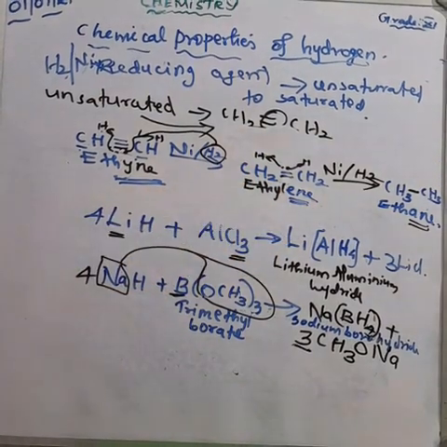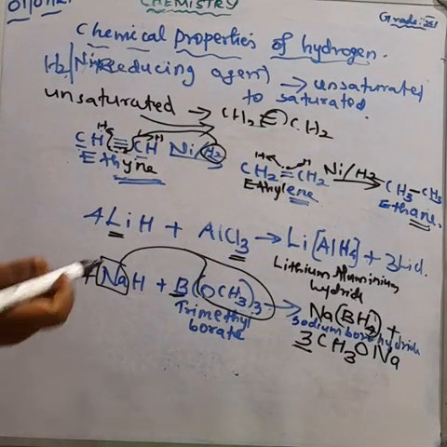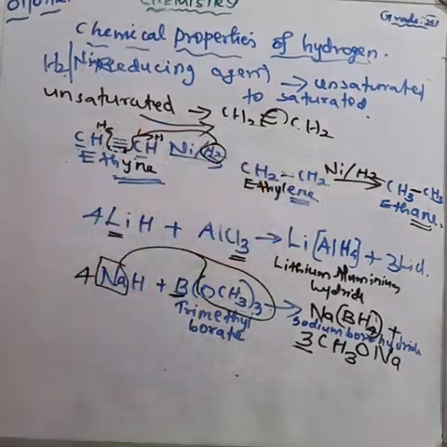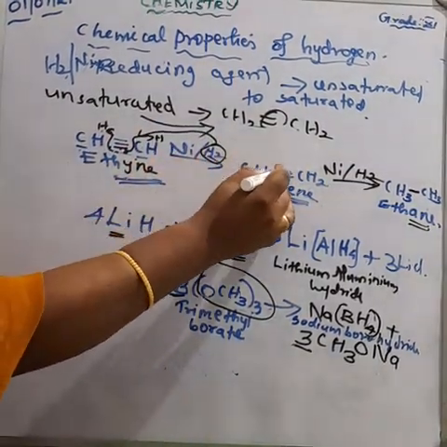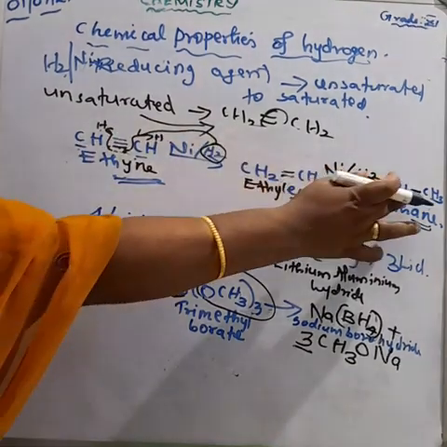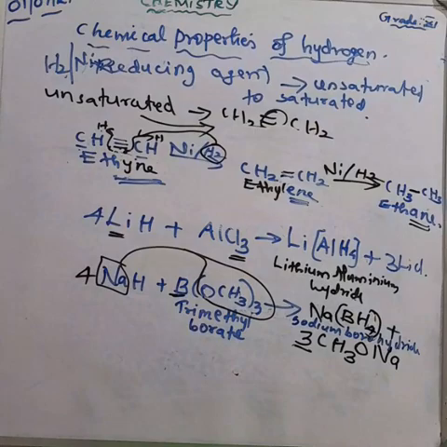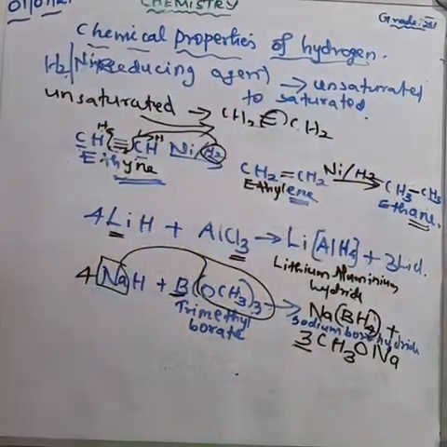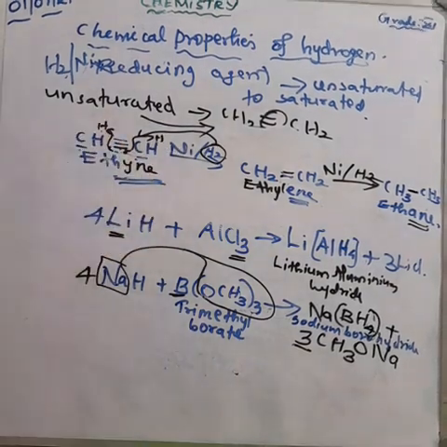So hydrogen is one of the very important reducing agents. We can convert unsaturated organic compounds to saturated organic compounds using nickel with hydrogen.